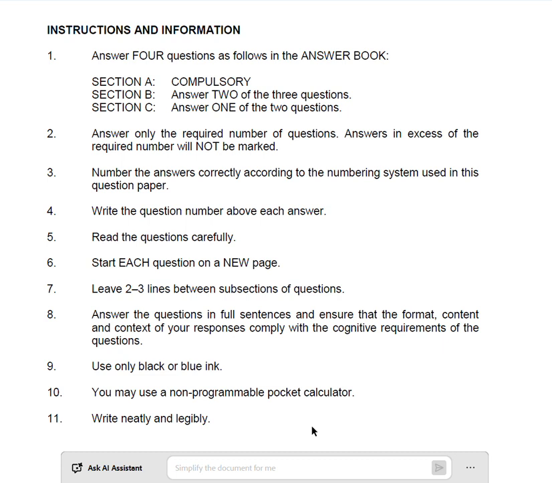You need to remember that the markers will not have the privilege to ask you what you were trying to say here. They can't see your handwriting, so you need to make sure that your handwriting can be read by the next person without them having to ask you any question. That takes us to the end of the instructions and information.